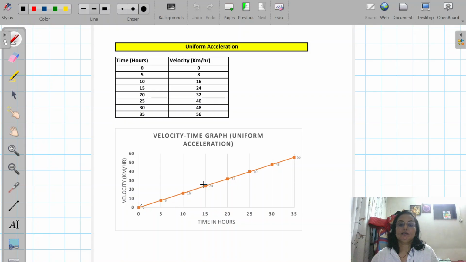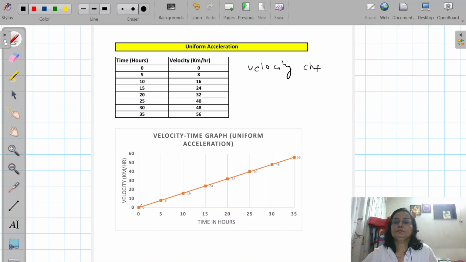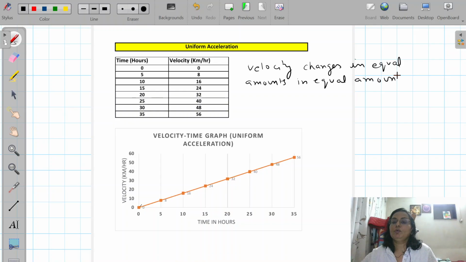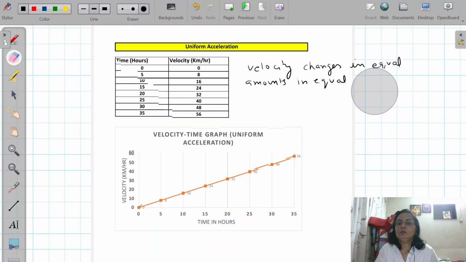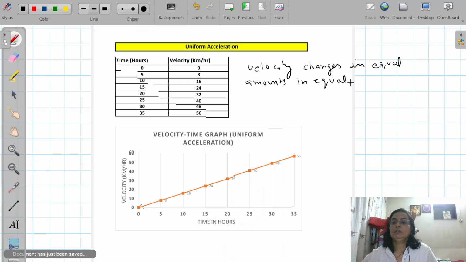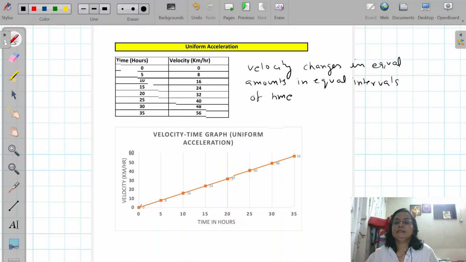If the velocity increases by equal amounts in equal intervals of time, we say it is moving with uniform acceleration.